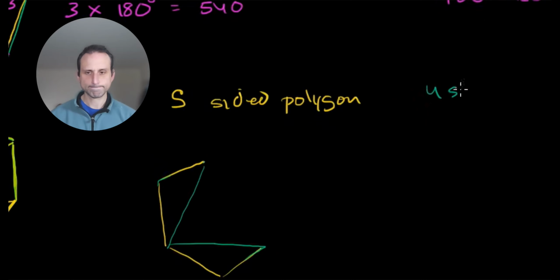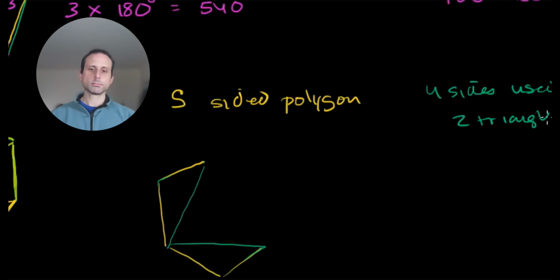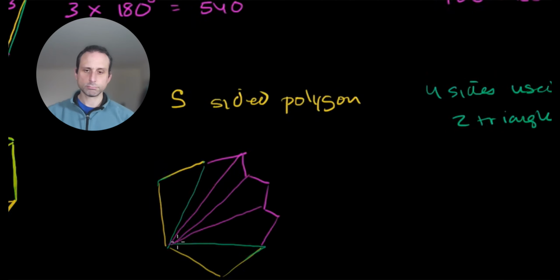So 4 sides used for 2 triangles, and then no matter how many sides I have left over, I've already used 4 of the sides, but after that, if I have all sorts of craziness here, let me draw it a little bit neater than that. So I can have all sorts of craziness right over here. It looks like every other incremental side I can get another triangle out of it. So that's 1 triangle out of there, 1 triangle out of that side, 1 triangle out of that side, 1 triangle out of that side, and then 1 triangle out of this side. So for example, this figure that I've drawn is a very irregular one.